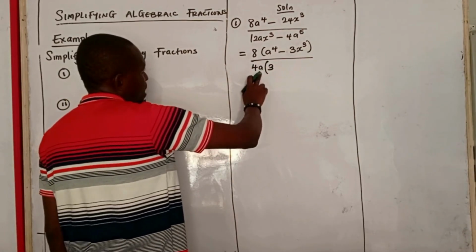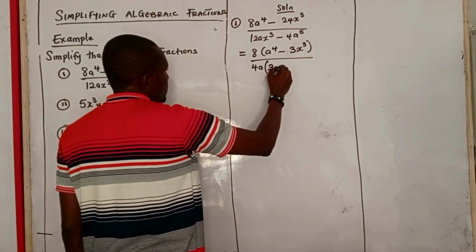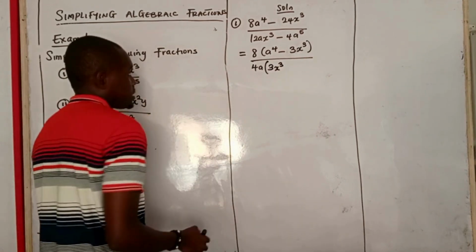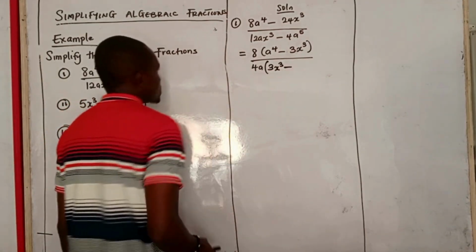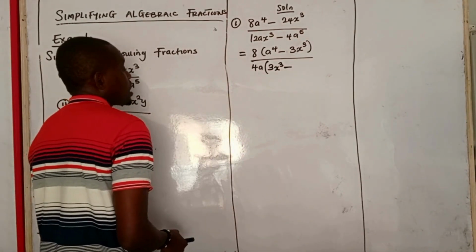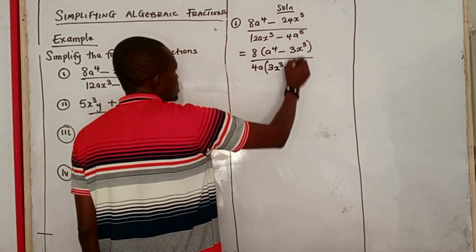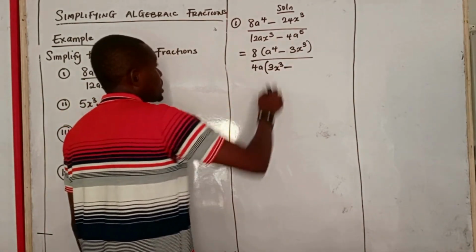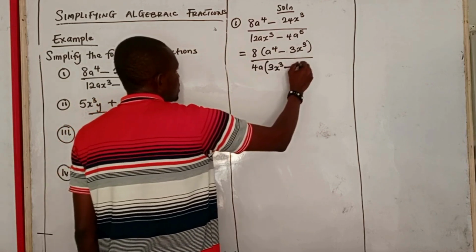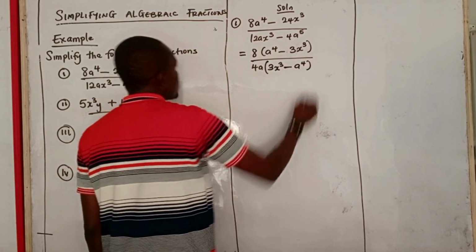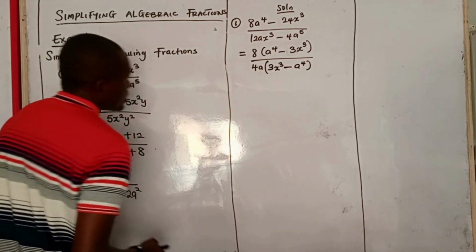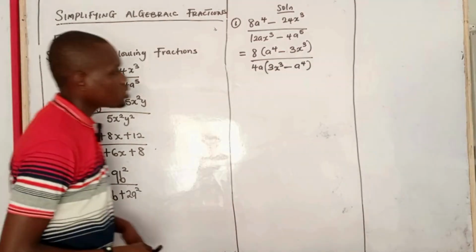If you divide a by a, it is gone. So we are going to have x to the power of 3 there. Then minus. If 4a goes out of this place, if 4 leaves here, we have 1. And then if a cancels one of the a, we are going to have a raised to the power of 4.